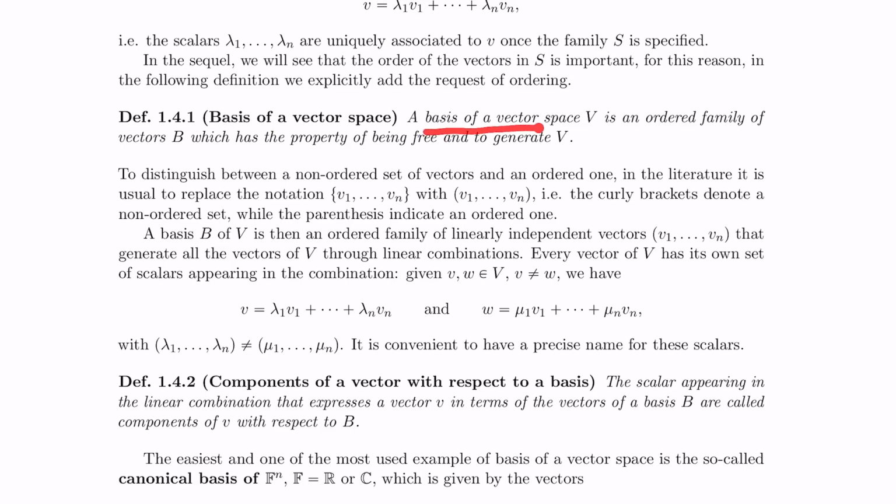A basis of a vector space V is an ordered family of vectors indicated with B, which has the property of being free and to generate V. Notice that in the mathematical literature, the curly brackets, like these ones here, denote a non-ordered set, while the parentheses, like these ones, denote an ordered set.